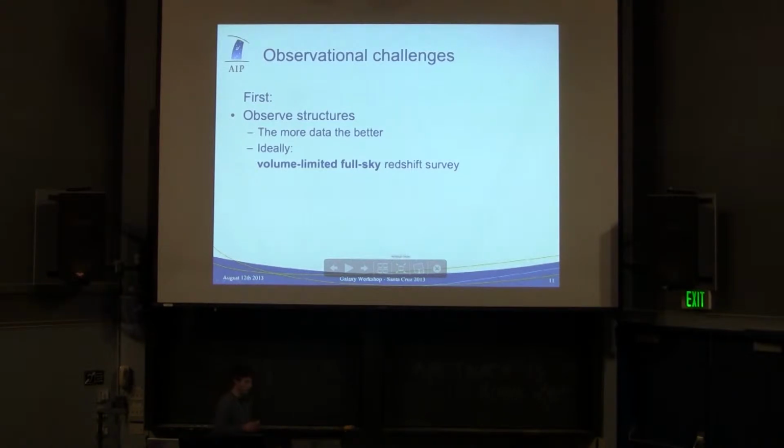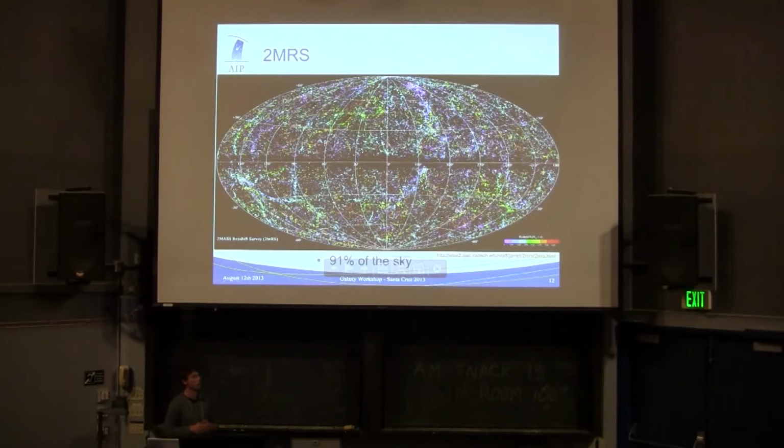Talking about observations, the best observations naturally are available in the local universe. And ideally, when you want to study the local universe, you want to have a full sky volume limited survey, which of course is not available for us simulators. So what we started from was the 2MASS redshift survey. This is very complete in the sky.